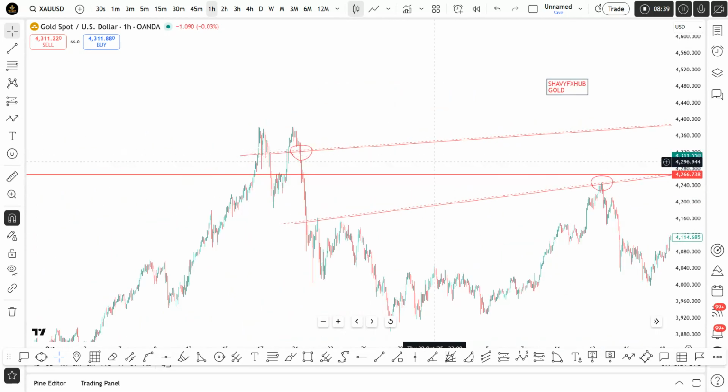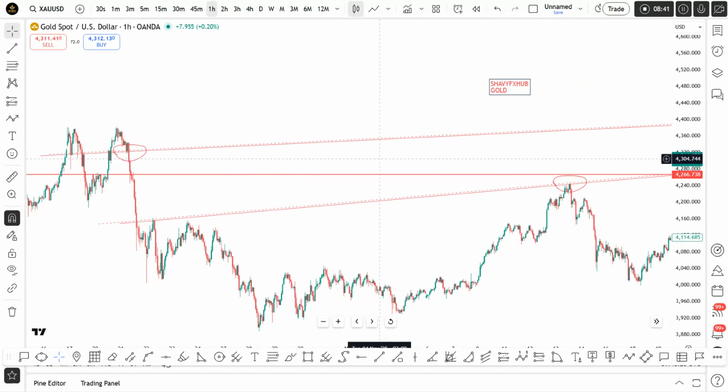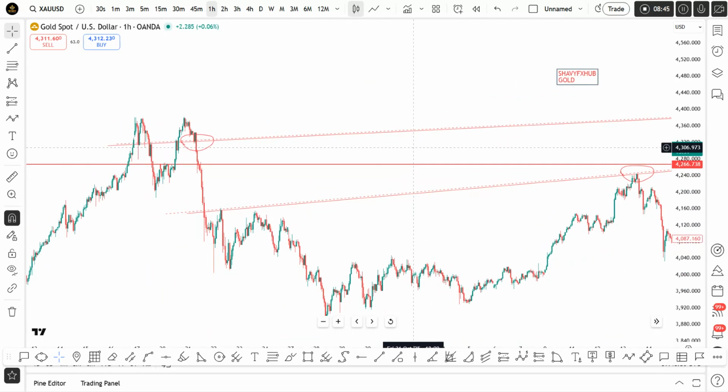So another thing again we want to take note of is if you look critically here, you will find another resistance structure, which on 1 hour, another resistance structure.